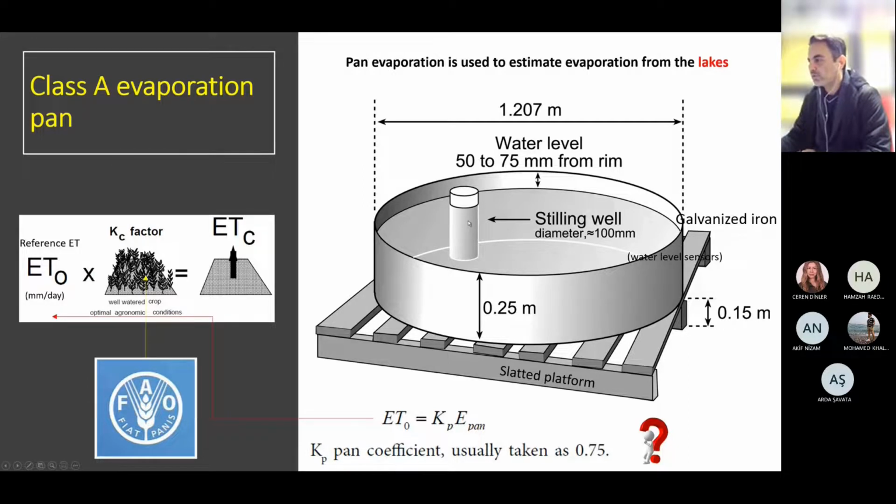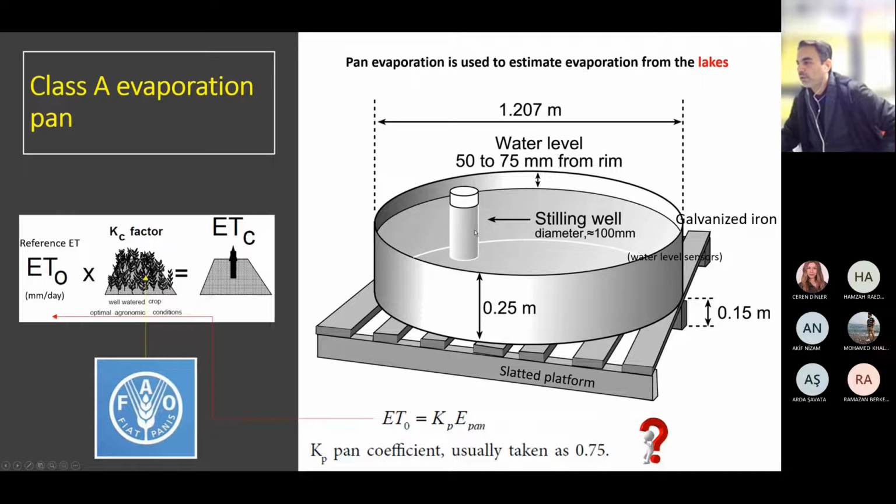The measurement is done through a high resolution and very precise instrument that we locate in this stilling well, and the instrument has for example 0.2 millimeter error. Therefore, it could give us a very exact amount of evaporation. So what we measure here is called pan evaporation.